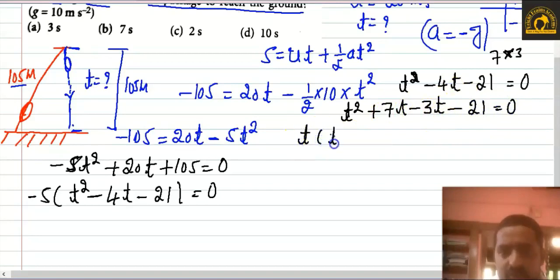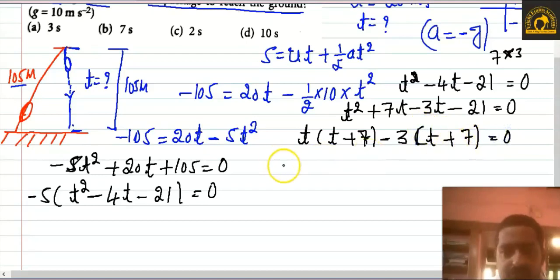Then t is common: t plus 3, and minus 7 is common: t minus 7. So the product is equal to 0.